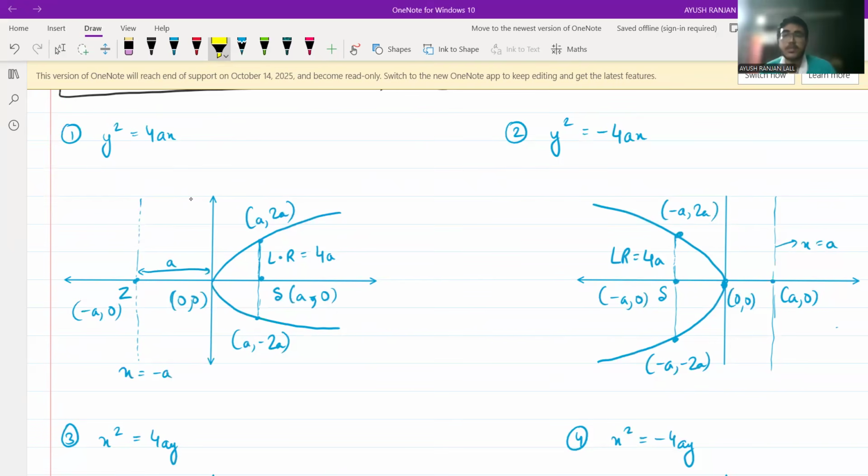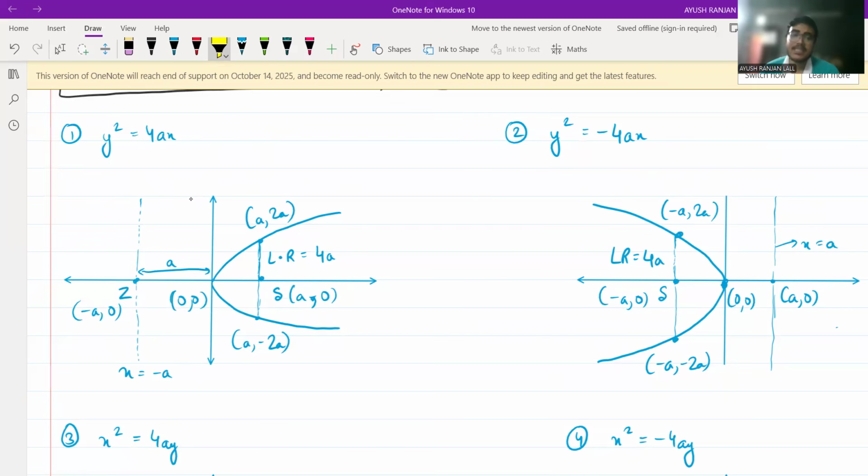The focus is at a comma 0, and the vertex is 0 comma 0. To write the directrix equation, it is also a unit on this side, so you will go with x equals minus a.